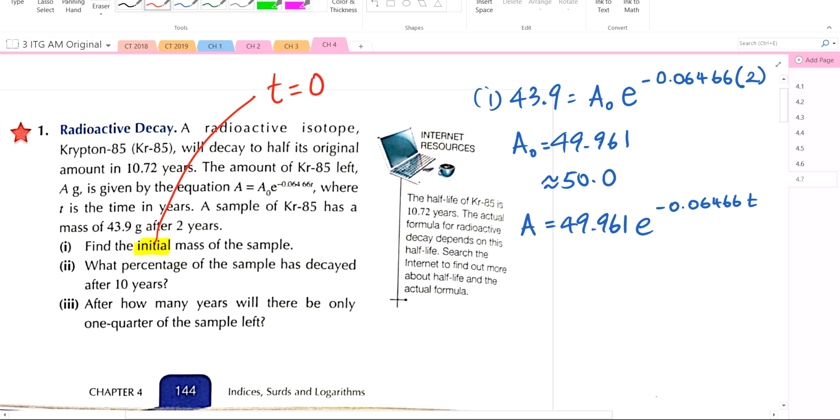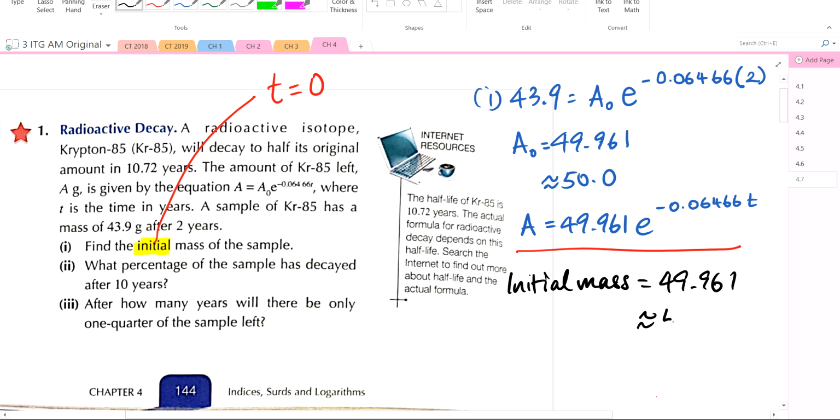Because we will use terms like this, and you are expected to be able to substitute in the correct value of t. So since t is equal to 0 at the start, then what is the initial mass? What do I have to do to my equation over here? Substitute 0. So what do you think is the answer for initial mass? Initial mass equals to 49.961, which is approximately 50.0 grams.